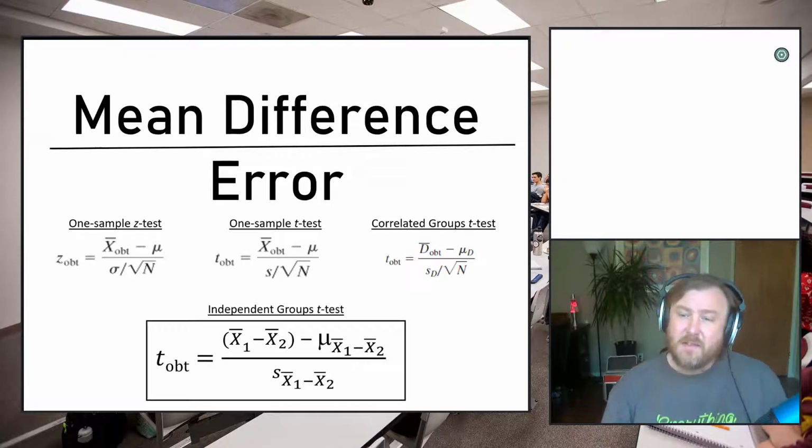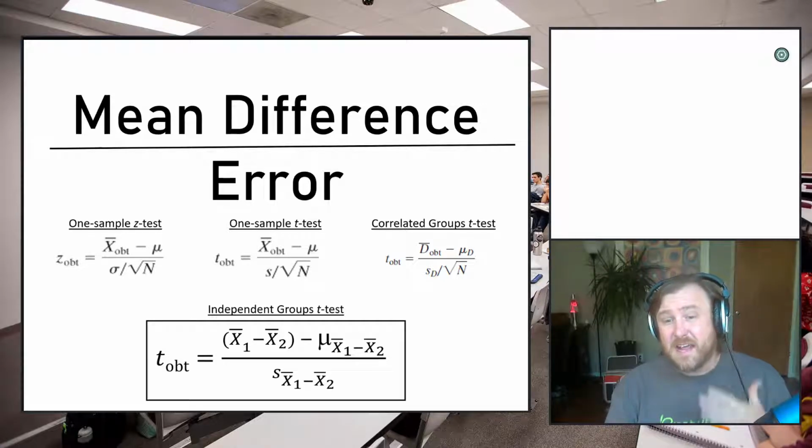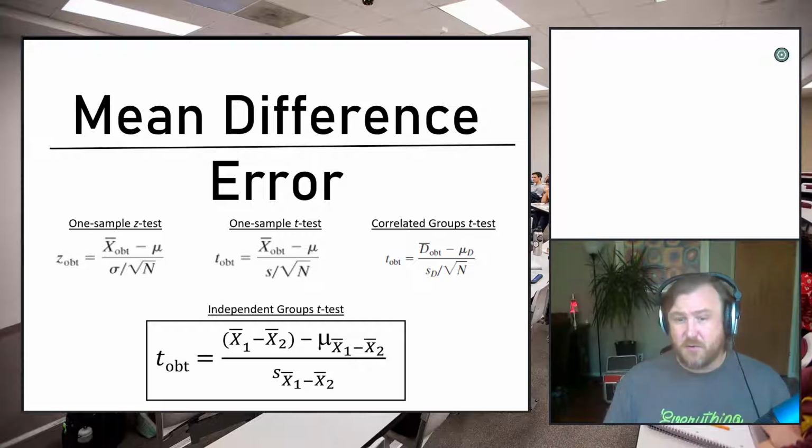And you're comparing that difference to a population mean of 0, right? And so then you're dividing in your denominator by the standard deviation of the difference scores. But as you can see, the top 3 tests indicated on this slide are almost all identical.